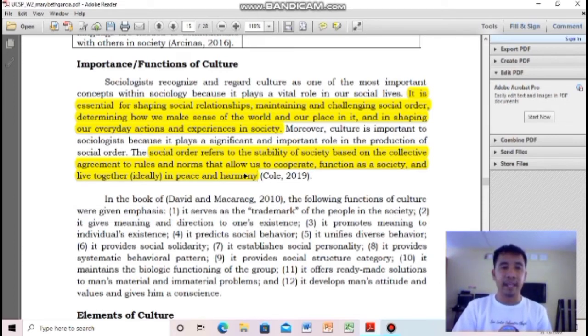Okay, next is it provides solidarity or social solidarity. So we have this oath, for example in the family, where family members support one another and are included in the group.